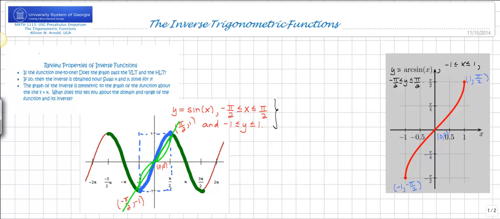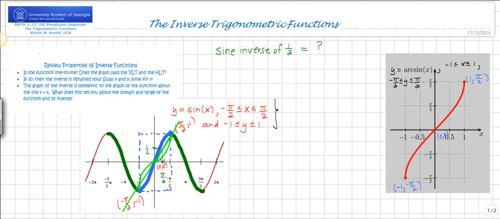So when I say something like sine inverse, I'll give you the words here, of 1/2 equals question mark, then I'm thinking, okay, if I have the value 1/2 in the window for sine, then it would have to be the angle pi over 6 in quadrant 1.